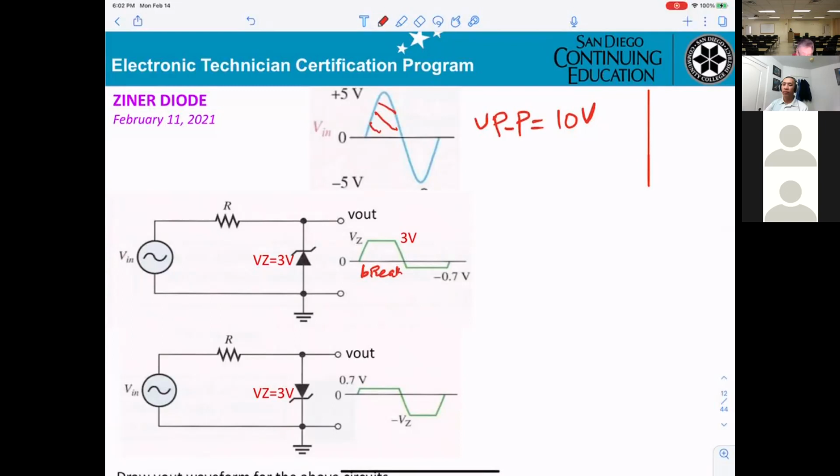When you get a negative here, you get a minus 5 volts maximum. Then the zener will be working normal. That means on this side it will be positive, on this side negative, and the value will be 0.7 for the silicon. So that's why you get minus 0.7 right here. So this is normal.